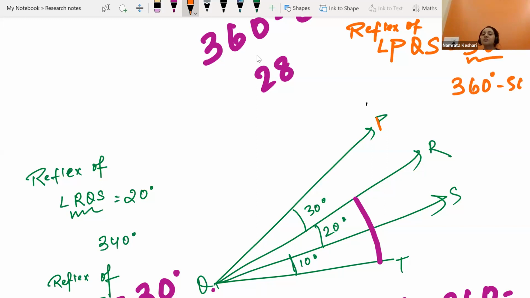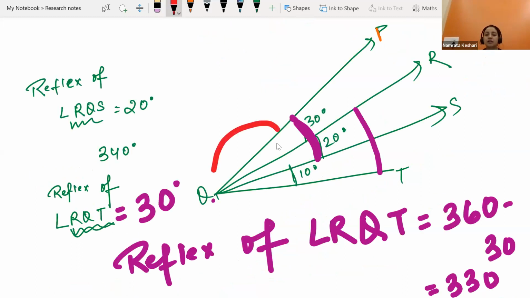Whatever angle you got, if you have to find the reflex of that angle, check it. Rumaisha, you said PQS is 50 degrees. This much is PQS, right? The reflex means we are supposed to find the remaining angle, from here till here. This much is 50, and what is the remaining? That is called the reflex of this particular angle. Getting it, Rumaisha?